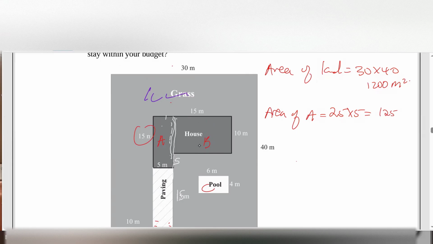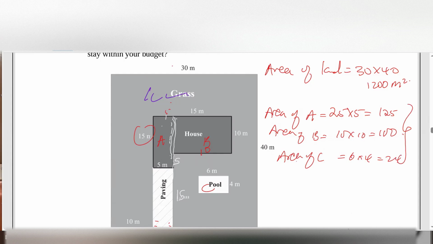And then when you look at the B part, if we remove this 5 here, it's going to be a 10 by 10. So area of B is 10 by 10, which is 100. And then area of the pool is 6 by 4, which is 24. So when I plus up all that, it's 100 plus 125 is 225, plus 24, it's going to be 249.